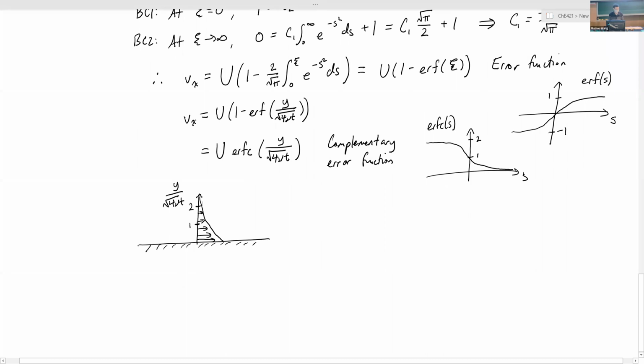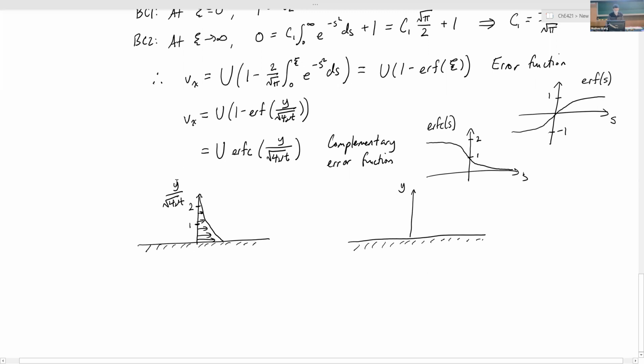Now, this is versus y over square root of 4 nu t, because that's what's inside our little function here, right? But if we are interested in what happens when we look at y, we want to plot it against y.